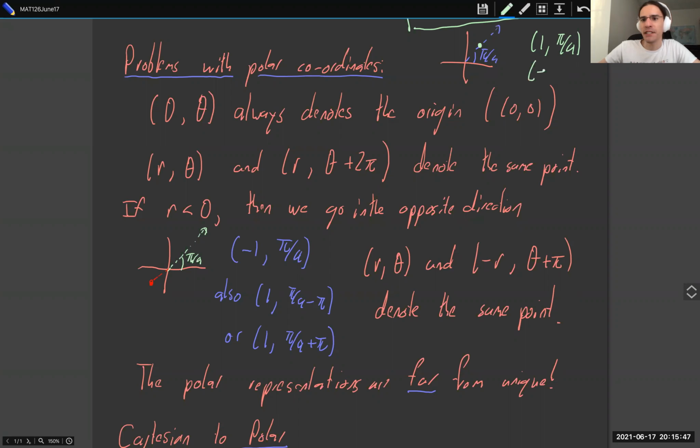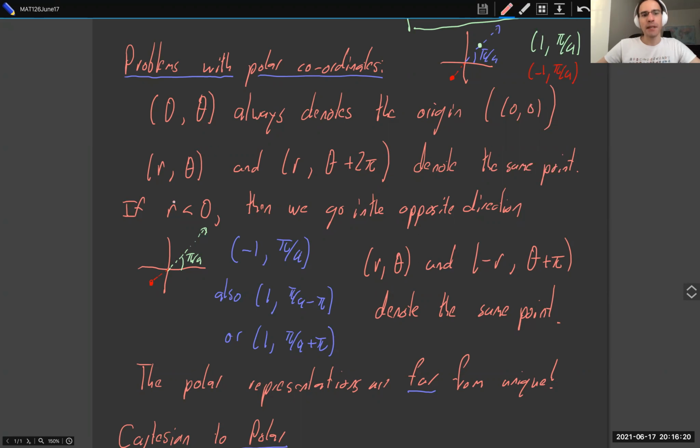Now, what happens if instead I consider -1? I'll write this in red and draw it in red. (-1, pi over 4). Then instead of going along this ray, I go along the opposite ray, and I get this point. Is it clear now? Thanks for asking.